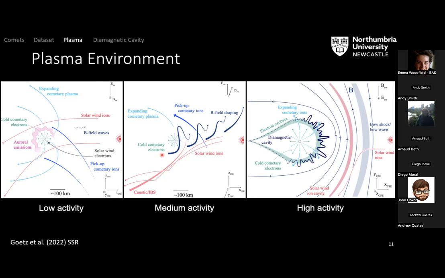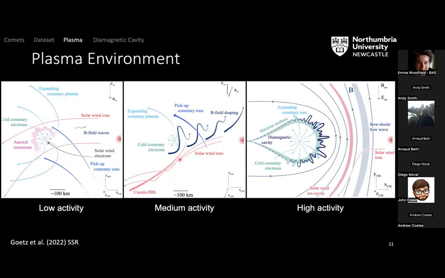If we go to medium activity, weird things start to happen. This is just because when we describe the plasma environment, we always jump between the fluid description of the plasma and the hybrid description, or even the fully kinetic one. And especially the cometary ions have very large gyro radii.